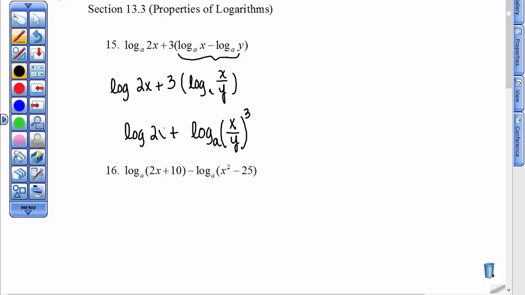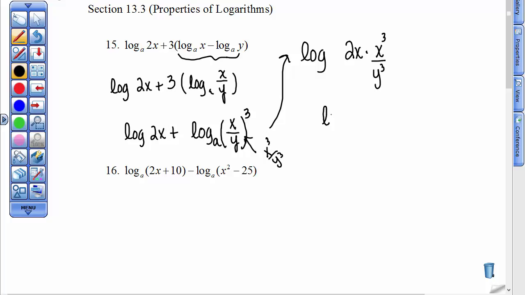Now remember, the log of x divided by y cubed means x cubed over y cubed. So remember that this right here means x cubed over y cubed. That's what that is. So I'm now going to write this sum as the product of 2 things, one being the 2x and the other being x cubed over y cubed.